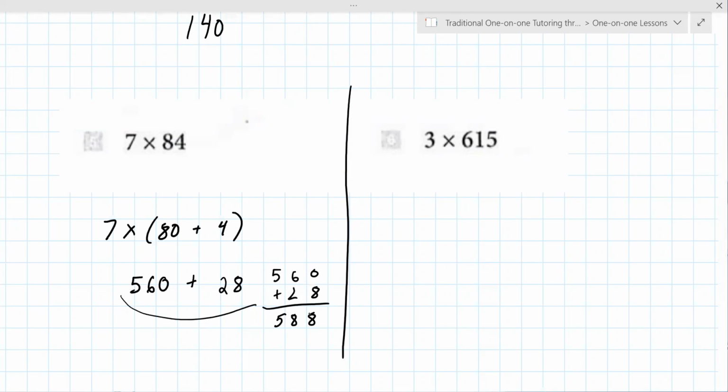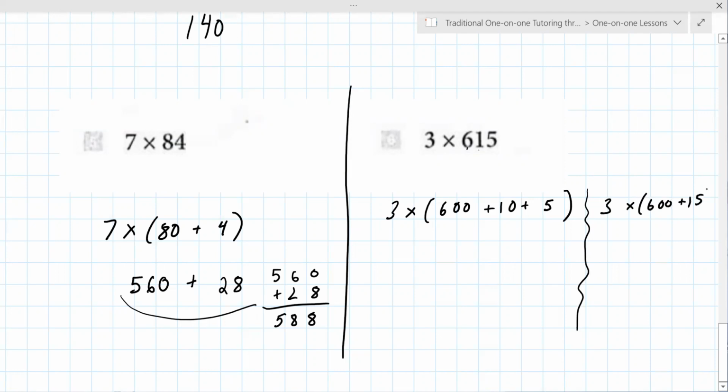Okay, so let's talk about how to do number 6. There's a couple of ways to do it. The first way is to do 600 plus 10 plus 5. Do you see how I got each of those numbers from the 6, the 1, and the 5? And that's fine. That totally works. Alternatively, if you're comfortable, you could do 3 times 600 plus 15.